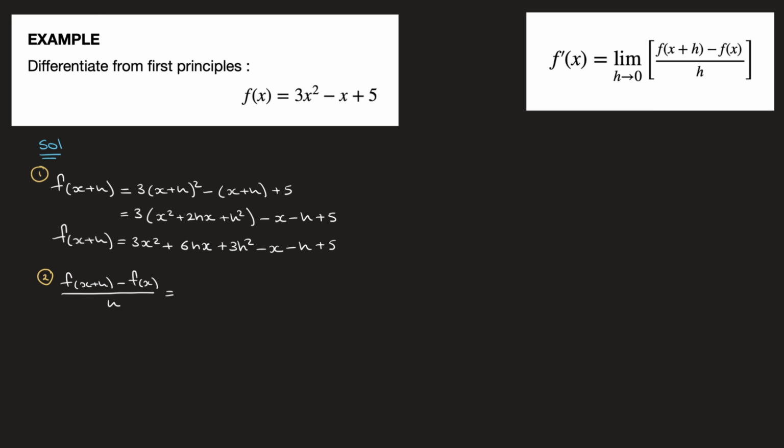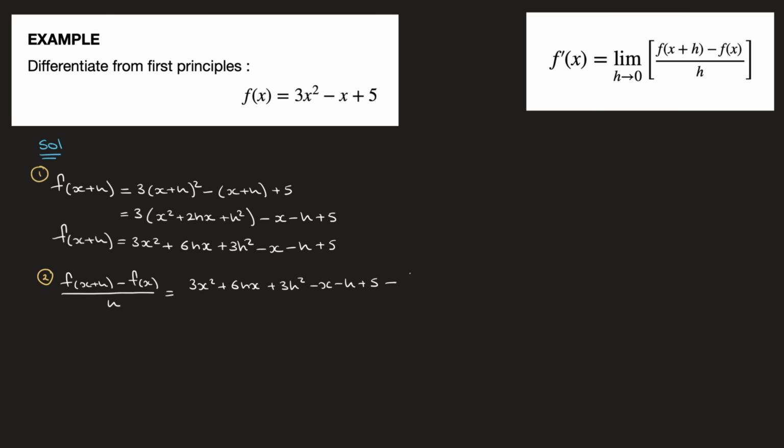Okay, so using the result we just found for f of x plus h, this becomes 3x squared plus 6hx plus 3h squared minus x minus h plus 5. And then we take away from that the expression we started off with for f of x, which is given to us right here. That's 3x squared minus x plus 5.